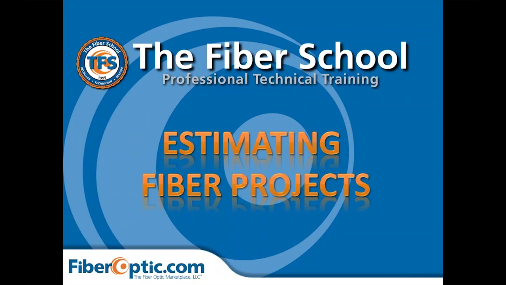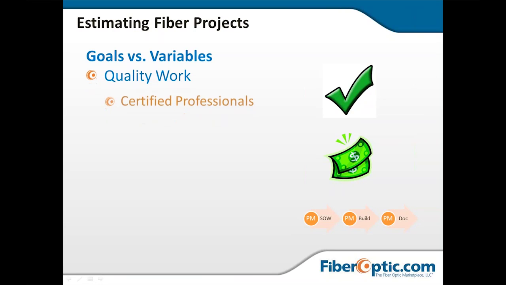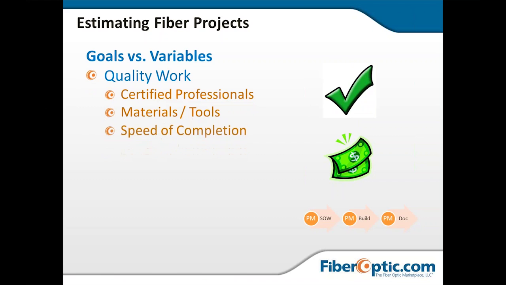Some of the questions pointed to the direction of what type of project we are looking at estimating. Is this from a contractor's point of view, or from a bid proposal point of view?